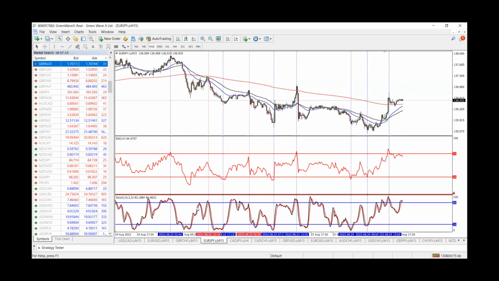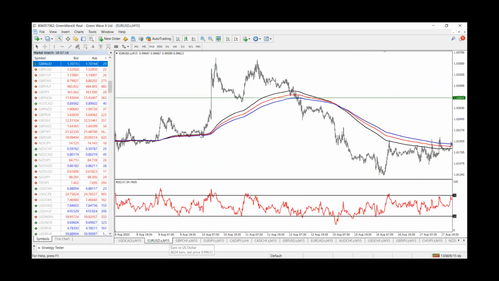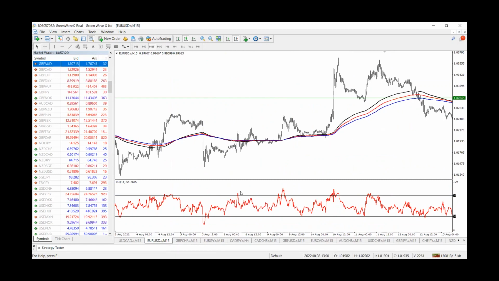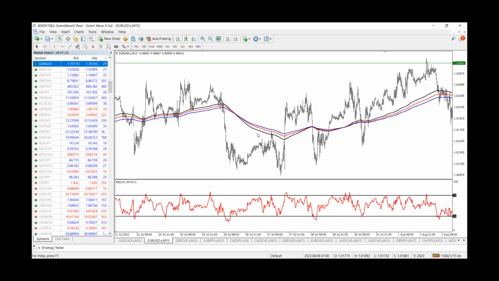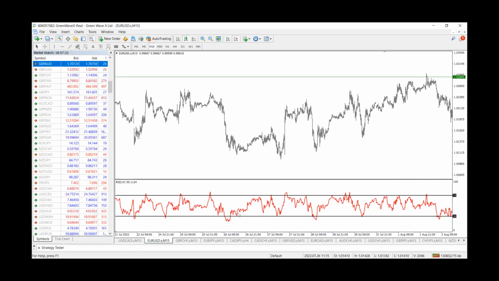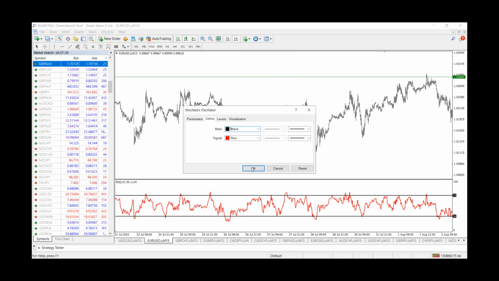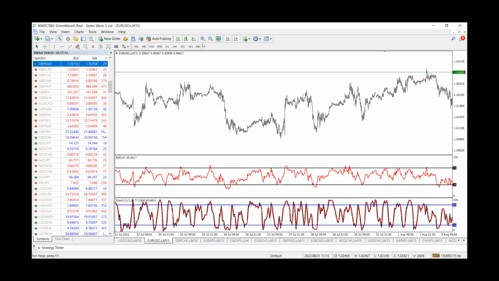So we're even going to look at euro dollar, for example. All right. And I'm going to remove all these indicators. I'm just going to use these ones. So we have the RSI here. I might also use the stochastic as well. 80-20.